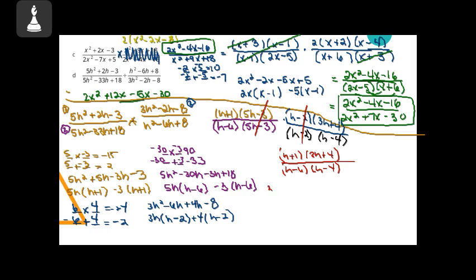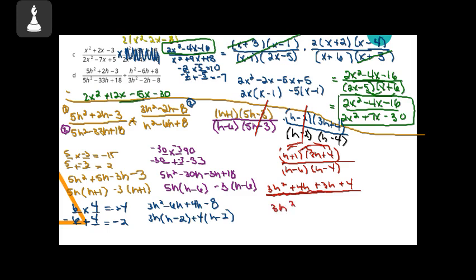Add them together, negative 10h, multiply them together, positive 24. Again, I know that these are going to be long. They get a little confusing. So if you have questions on these on your homework, please ask them in class.